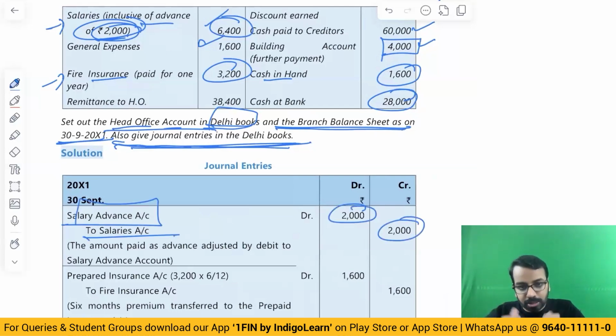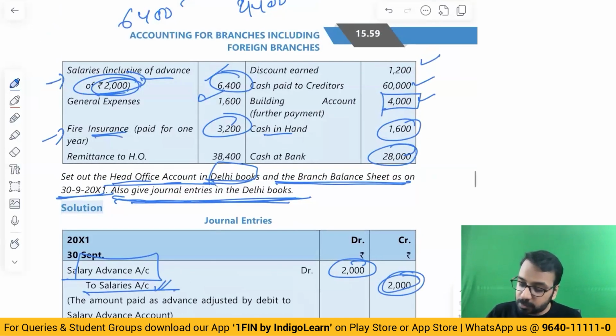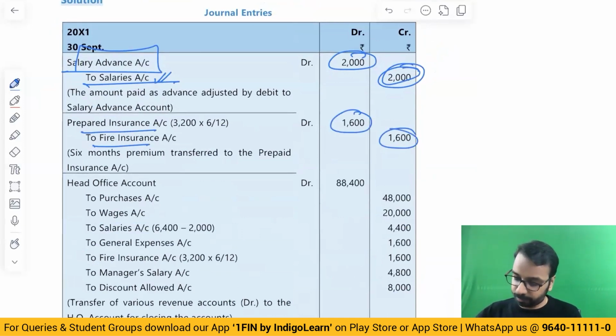Ultimately, balance sheet will be retained and revenue accounts will be transferred. But we have to record the expense correctly. So 2,000 is credited. Same way, fire insurance is paid 3,200 for the full year. Means 1,600 for half year is only my expense. Balance is my prepaid expense, to fire insurance 1,600.